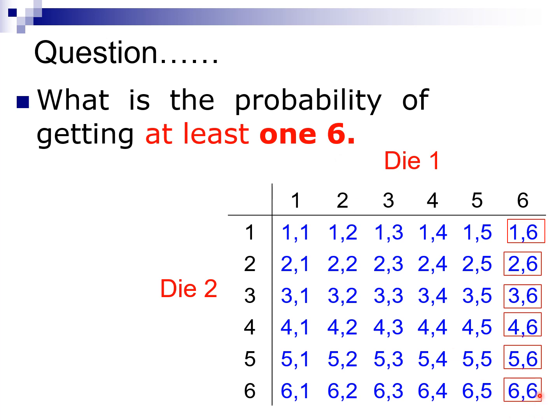So we have 2, 4, 6, 7, 8, 9, 10, 11. From here, we have 11 over 36, over the total number of outcomes. So the probability of getting at least one 6 when we roll two dice is 11 over 36.